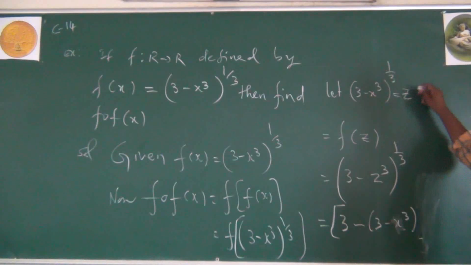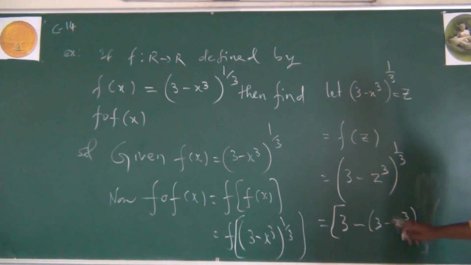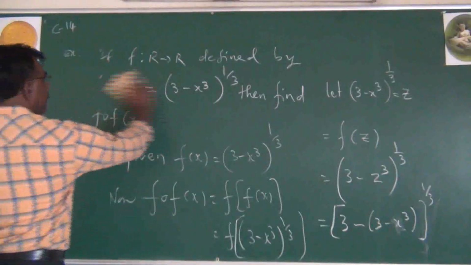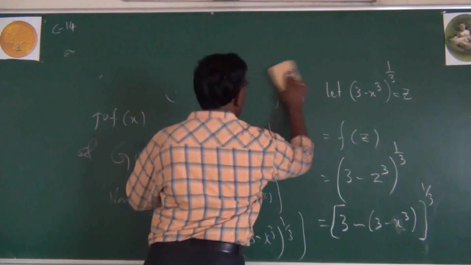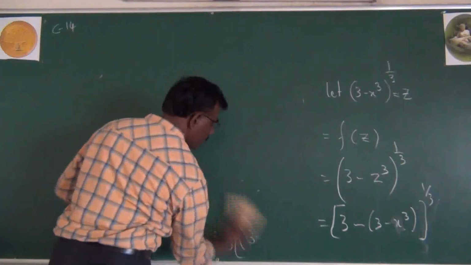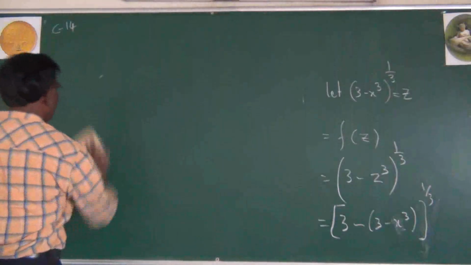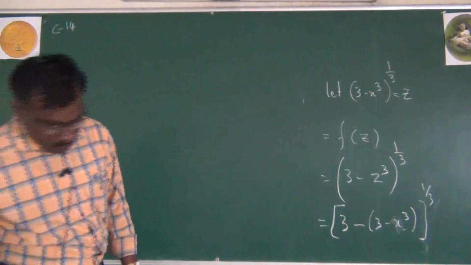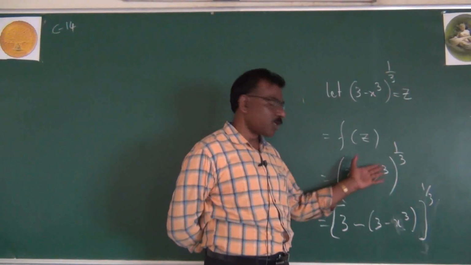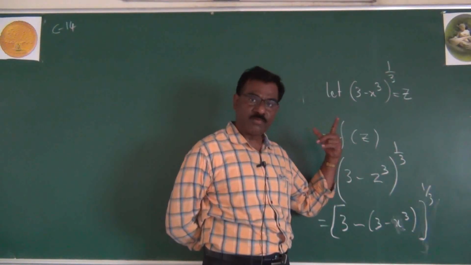Z cube means, raising to the power 3, the 3s cancel, 3 minus x whole. Don't confuse it. f of z is (3 minus z cube) to the power 1 by 3, according to the function f of x.